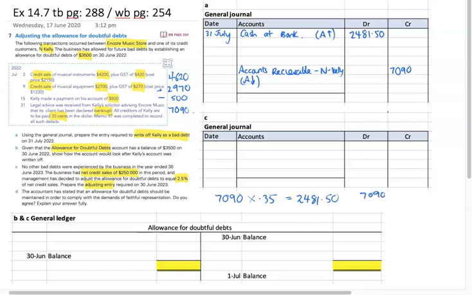7,090 minus 2,481.50 equals $4,608.50. We have to remove this, but remembering this is including GST, so this divided by 11 is going to equal $418.95.